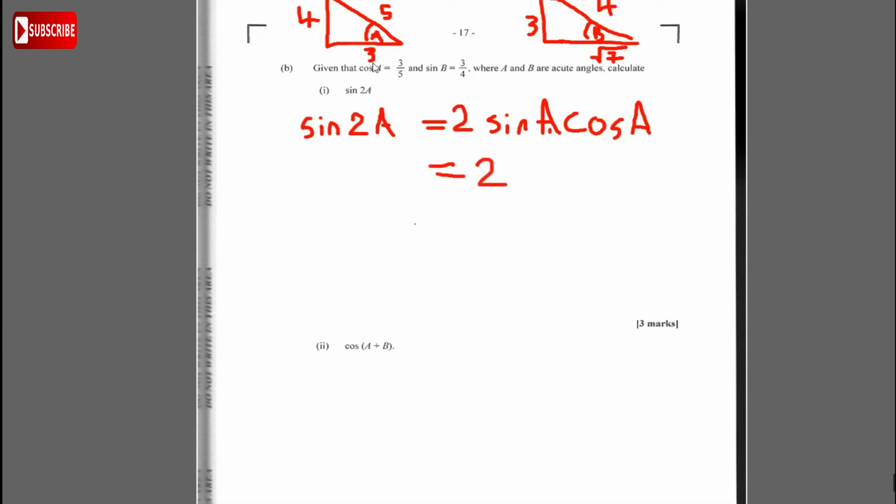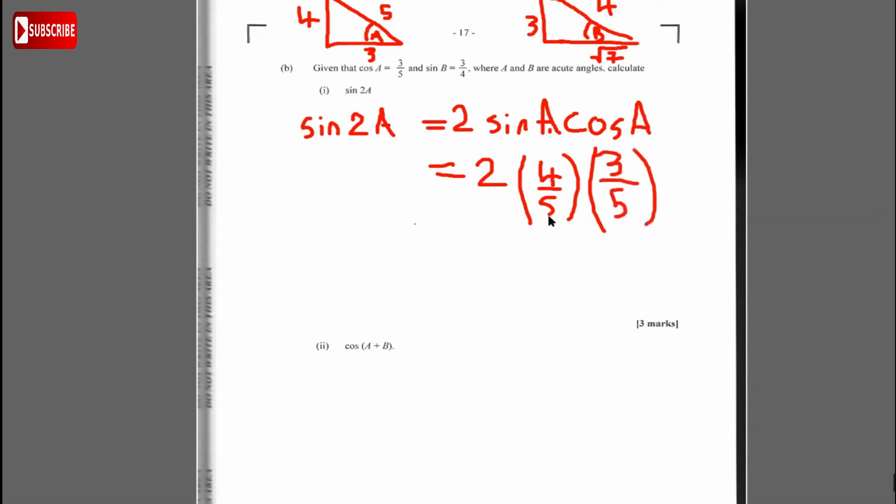Sine A would be opposite over hypotenuse, 4 over 5, times the cosine of A, and the cosine of A is 3 over 5. Nice and easy, soft.